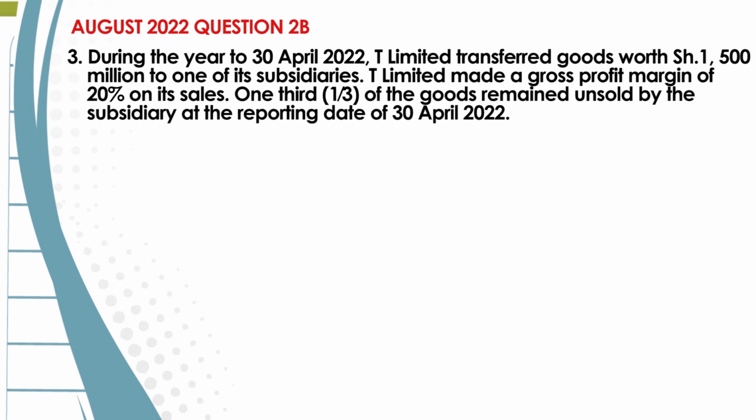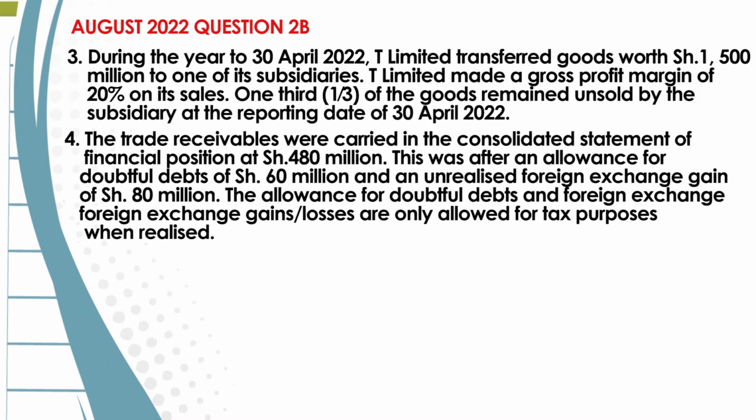Number four, we are told the trade receivables were carried in the consolidated statement of financial position at shillings 480 million. This was after allowance for doubtful debts of shillings 60 million and unrealized foreign exchange gain of shillings 80 million. The allowance for doubtful debts and the foreign exchange gains or losses are only allowed for tax purposes when realized.